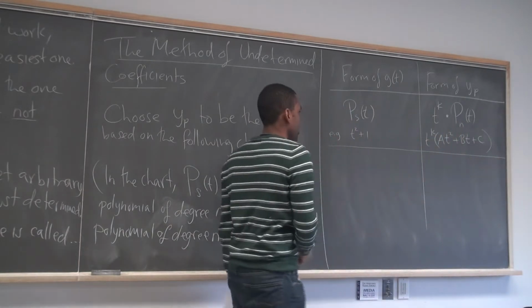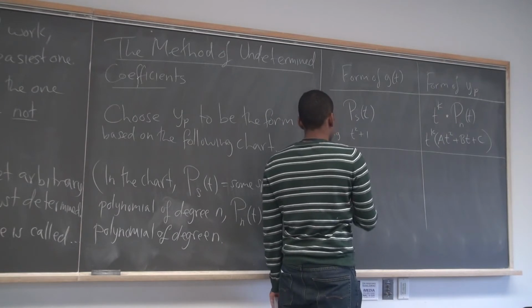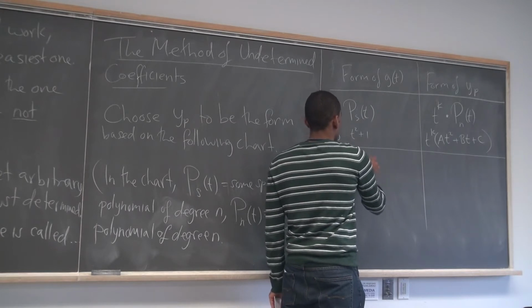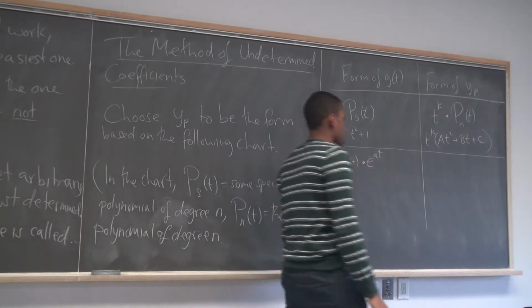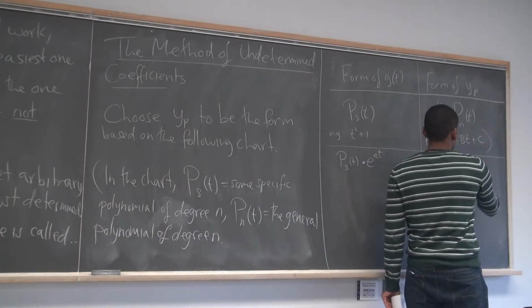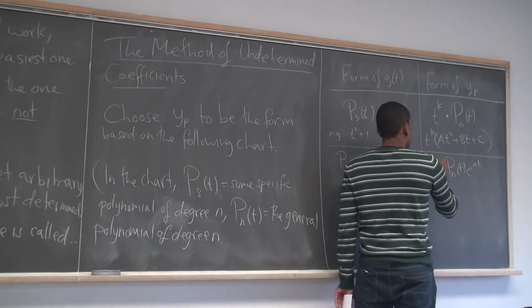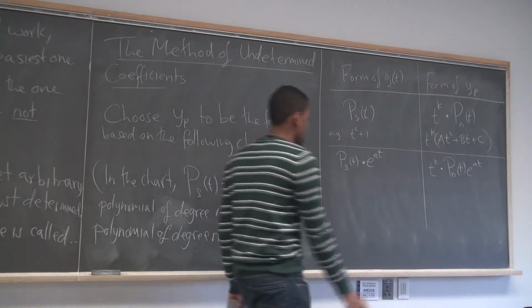There's another case that's very nice. Suppose you have a polynomial times e to the at. Then you're going to assume yp is the general polynomial times e to the at. And then again you multiply by t some number of times to kill any redundancies that may or may not exist.